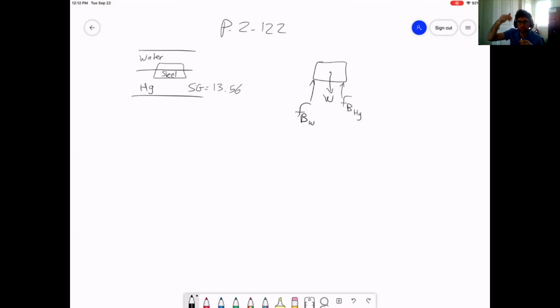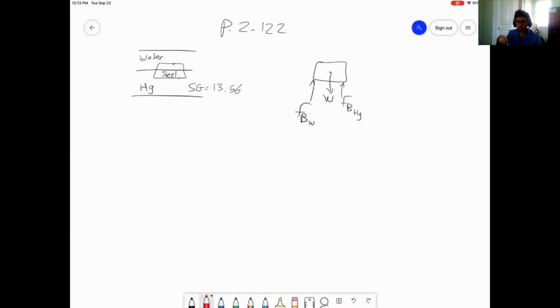Of course, the block will experience some hydrostatic force from the water, but in this example we're considering buoyant force, which is the net force. Because the pressure at this location on the block, let me use the red pen, will be less than the pressure here if it was completely water, no mercury.